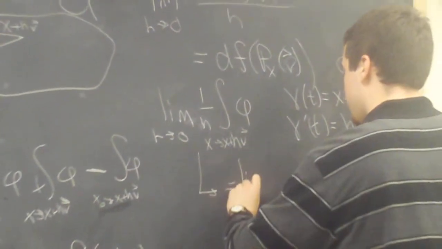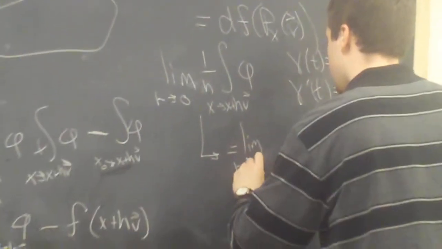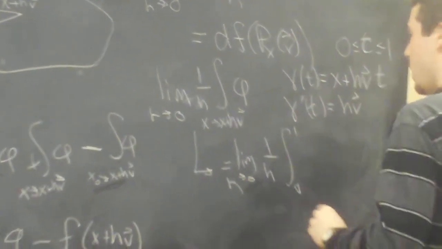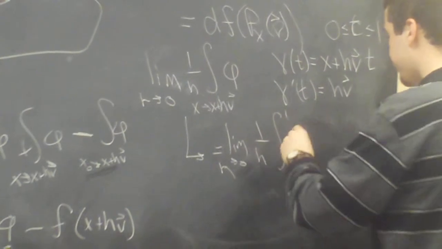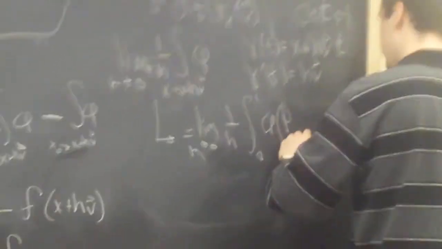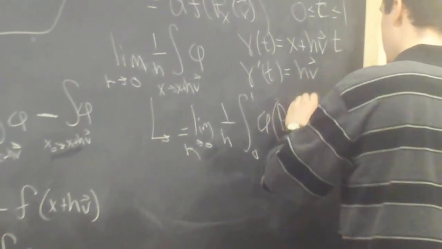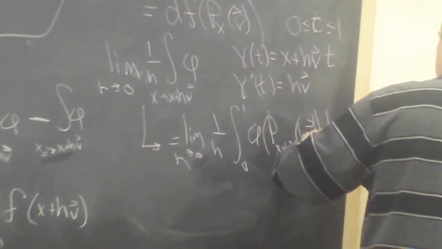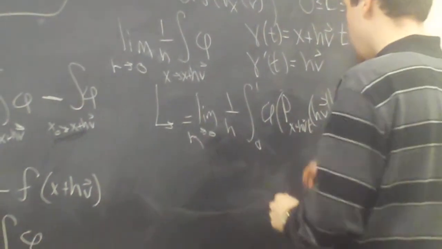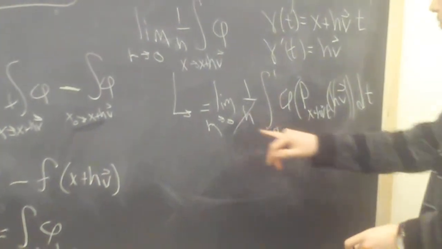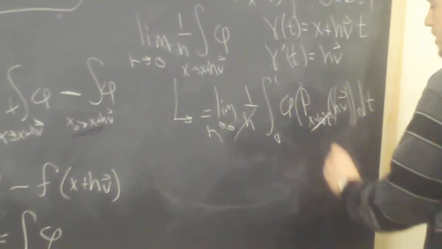So this integral becomes the limit as h approaches 0 of 1 over h times the integral from 0 to 1 of phi acting on the parallelogram anchored at x plus hv t, hv, dt. So what happens here is that this h and this h cancel, and then if we take the limit as h approaches 0, so does this term.